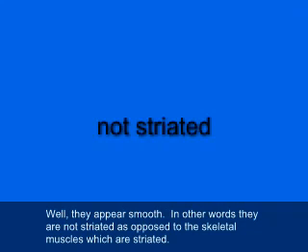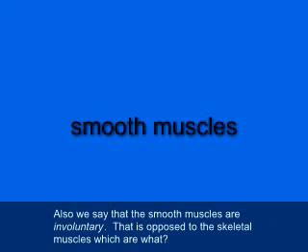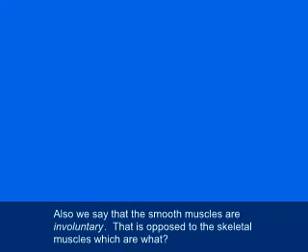Well, they appear smooth, or in other words, they're not striated, as opposed to the skeletal muscles, which are striated. Also, we say that the smooth muscles are involuntary. That's as opposed to the skeletal muscles, which are voluntary.